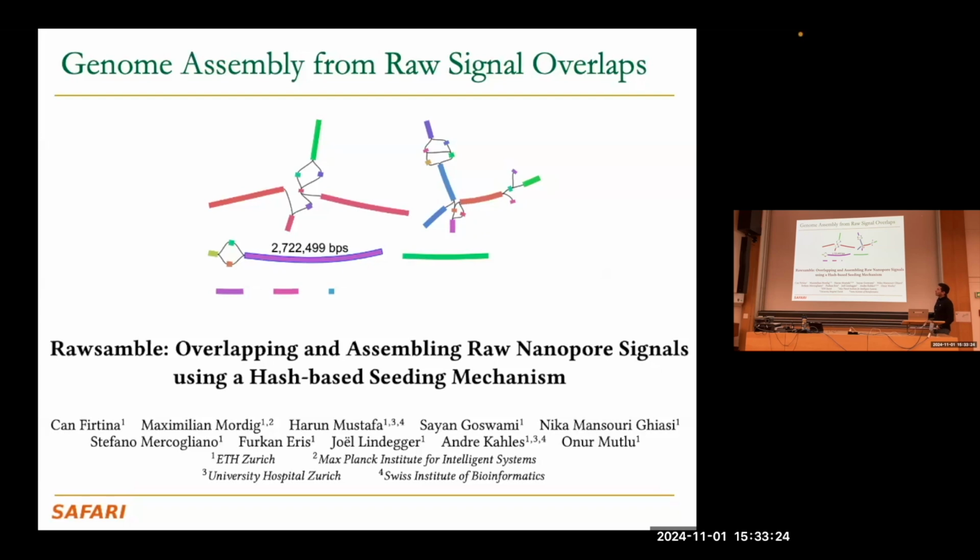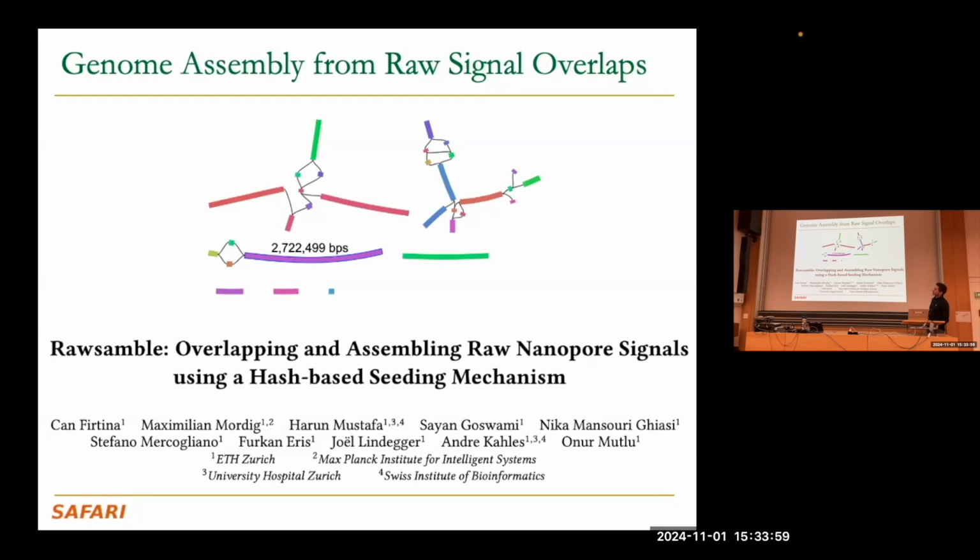And we show that we can actually construct a single piece of fragment that is half the genome length of E. coli. To illustrate this numerically, the half length is around 2.7 million. And as I showed you in the earlier part of this lecture, the E. coli genome is around 5 million bases. So this single piece is constructed by simply looking at the overlaps between raw signals, and the length is 2.7 million.